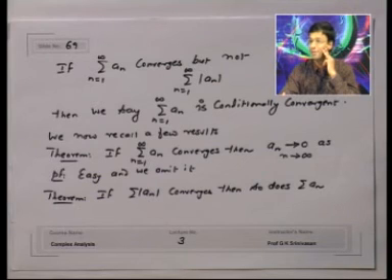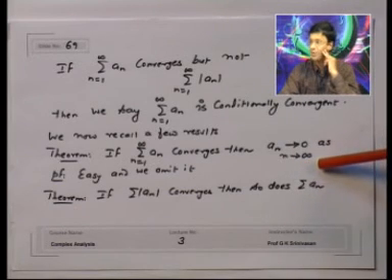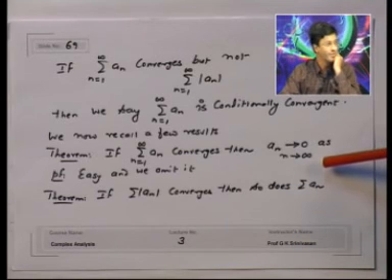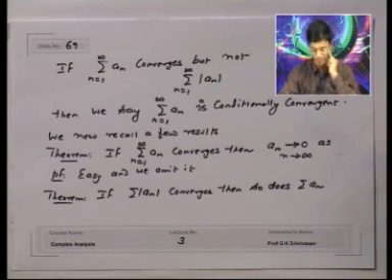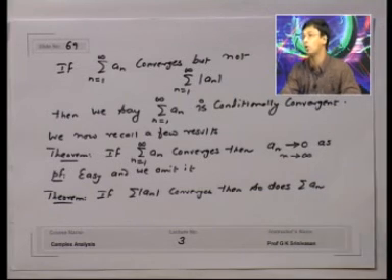Integral 0 to infinity sin of x squared dx is a convergent integral, right, but sin of x squared does not go to 0 as x goes to infinity. So, this theorem has no analog for integrals. Please remember this. Which theorems will go over from series to integrals and which theorems do not go over. One should understand that very clearly.